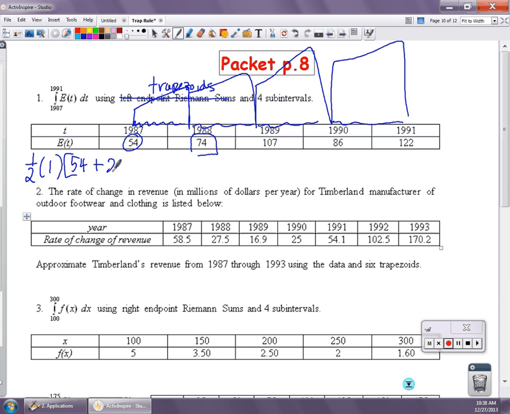The next base, 74, is used twice. The next base, 107, is used twice. The next base of 86 is used twice. And the last base is used once. Calculate that with your calculator, and you can compare it to when you did that same problem in your homework using rectangles to see how the approximations compare. So that is evaluating a definite integral using the trapezoidal rule.